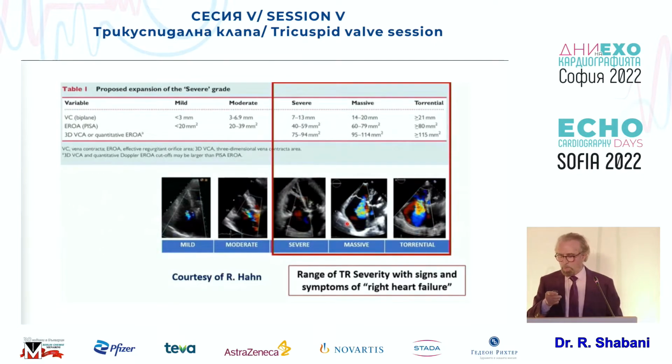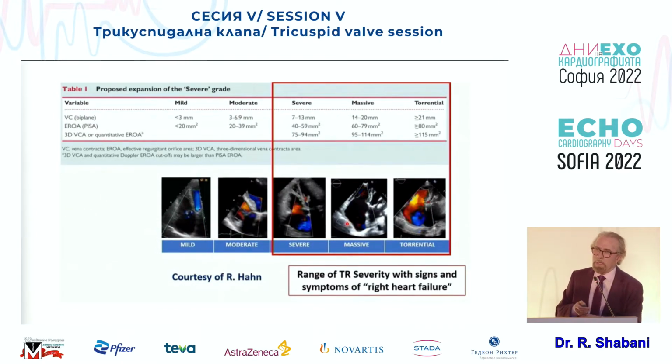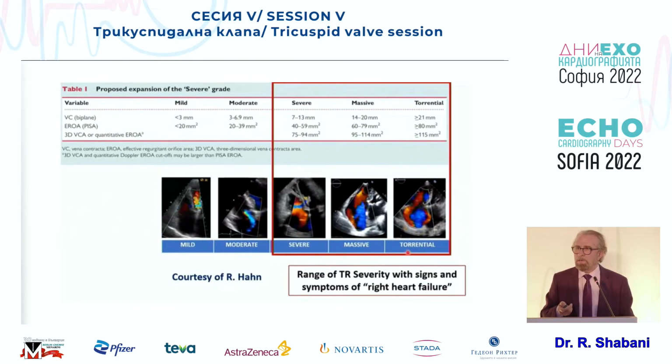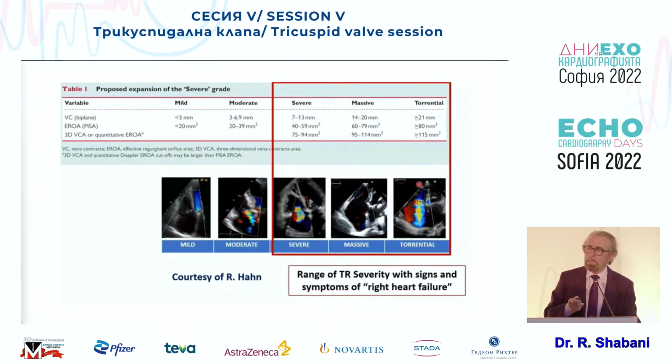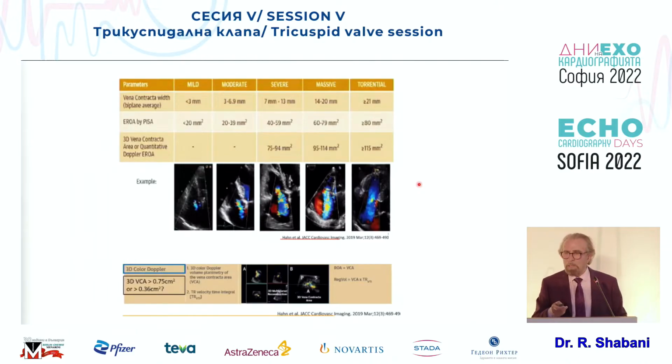Това, за което стана въпрос преди малко, както виждате, тази класификация, не знам дали допринася нещо: тежката трикуспидална регургитация разделихме на три - тежка, масивна и торентна. Видяхте кои са критериите, които освен количествения анализ трябва да се прибавят: триразмерната ехокардиография, като измерване на обема на вена контракта.